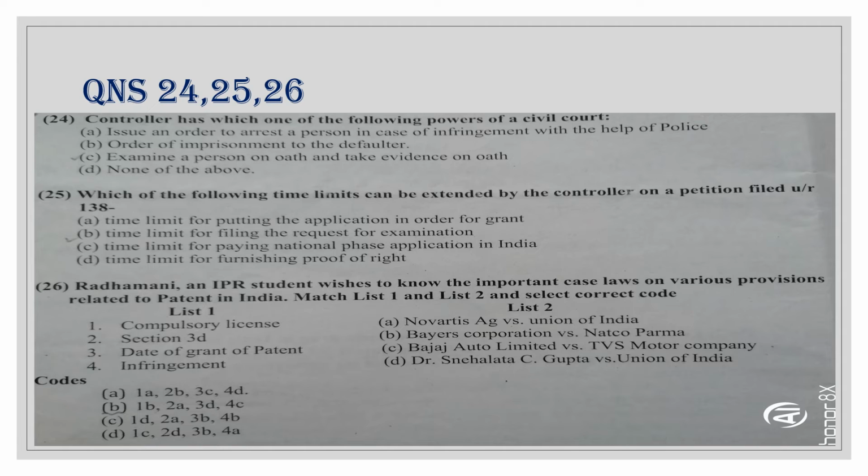And next one is 3D, that is date of grant of patent, is Dr. Snehalata Gupta versus Union of India. And the last one is 4C, that is infringement, indicates the case law Bajaj Auto Limited versus TVS Motor Company.